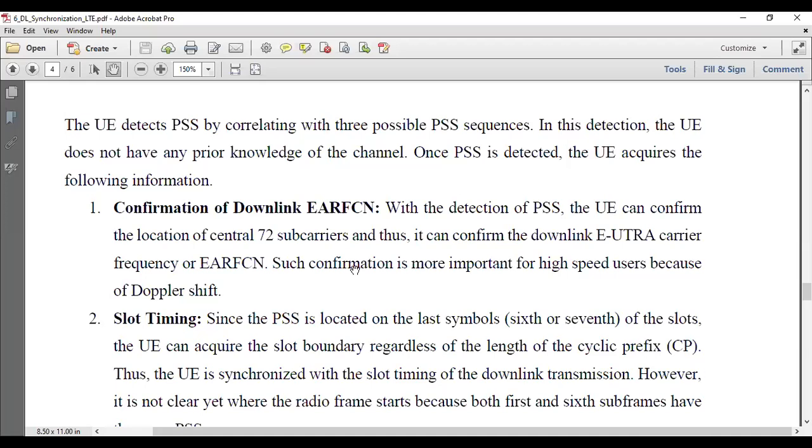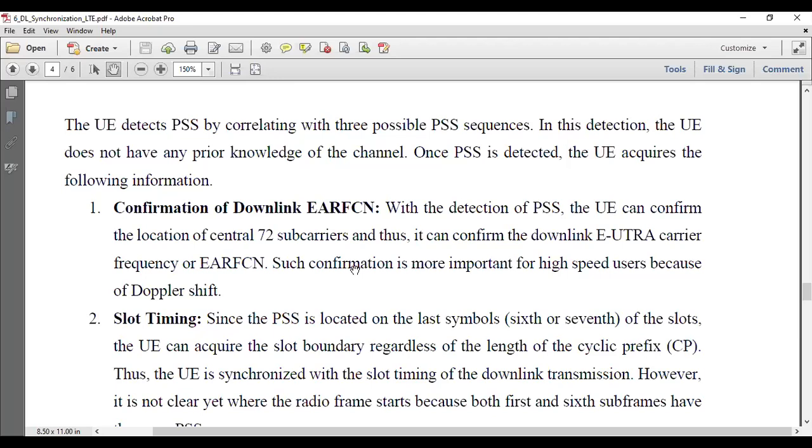Like in 2G, we showed the carrier frequencies with numbers, and they were called ARFCN, absolute radio frequency carrier number. Probably that's the whole term. Here you add evolved for LTE. So for every transmission, the center frequency is called EARFCN.